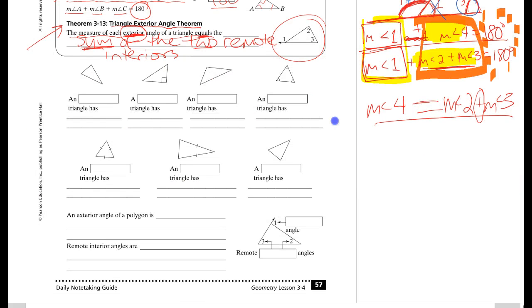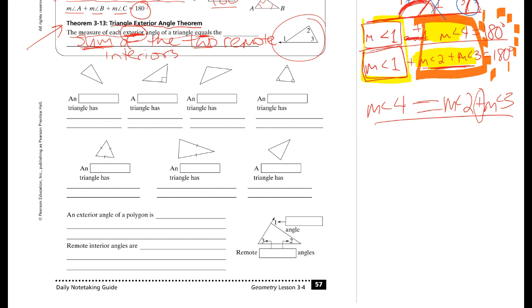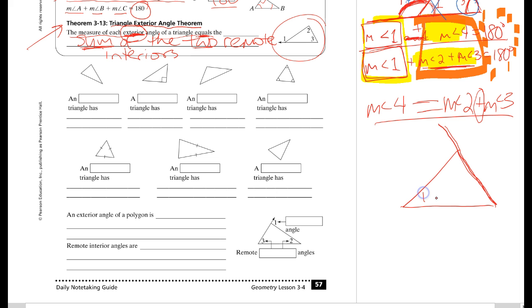But let me just do the same diagram one more time. A little bit different, sorry. So, triangle. I did it. Here is an extended line. So let's call this 1, this is 2, this is 3, this is 4. So 4 is the exterior angle, and 4 has to equal the sum of the two remote interiors.